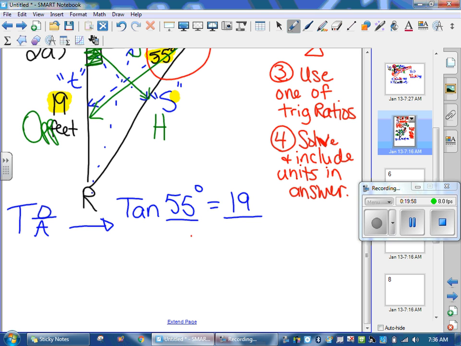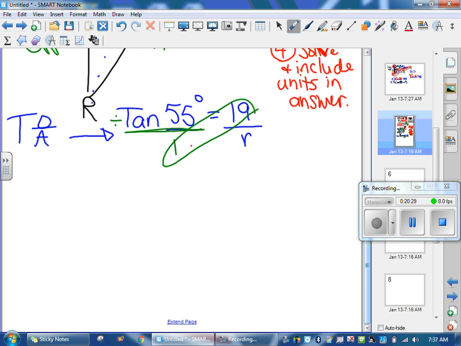So when we get this situation, we need to remember that it's basically a cross multiply and divide situation. So if I do that, that means this left-hand side is over 1. And I'm going to take my 19 and multiply it by the 1, and then divide by tan 55. We learned in class there's a shorter step instead of the cross multiply and divide. We learned that my final answer would be 19 divided by tan 55 degrees.